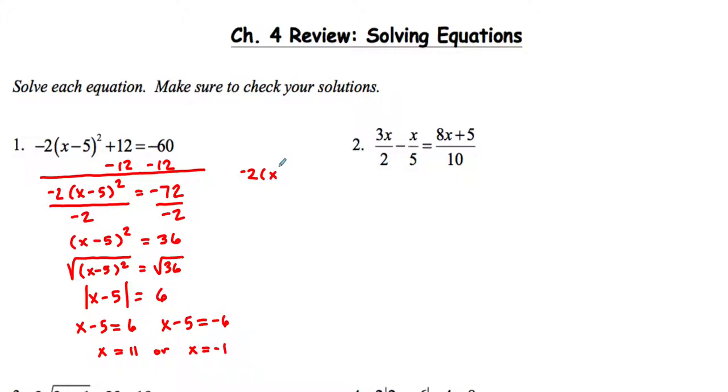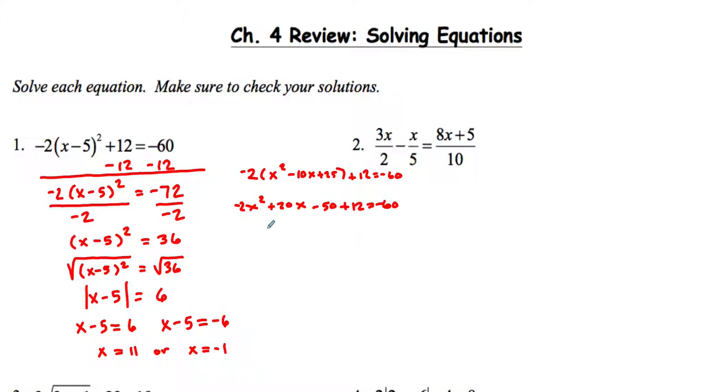That would leave us with x squared minus 10x plus 25. Then we have plus 12 equals negative 60. And we distribute our negative 2 through, so now we're looking at negative 2x squared plus 20x minus 50, and then plus 12 equals negative 60.